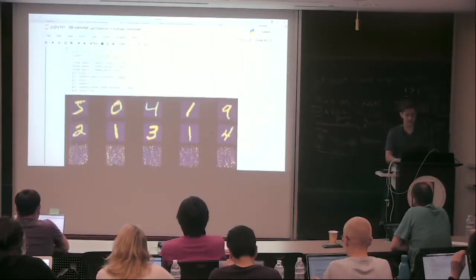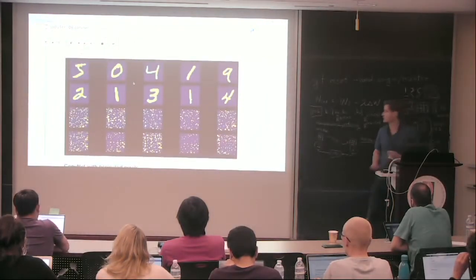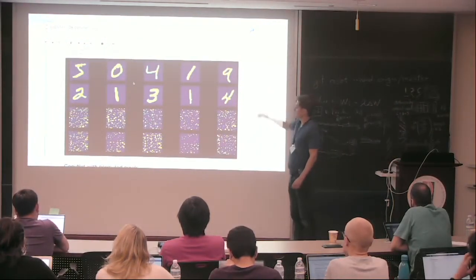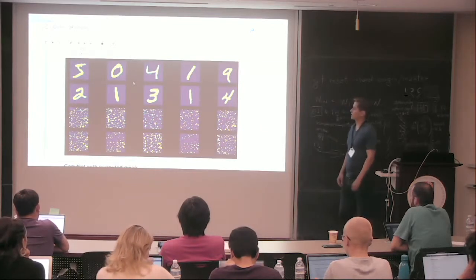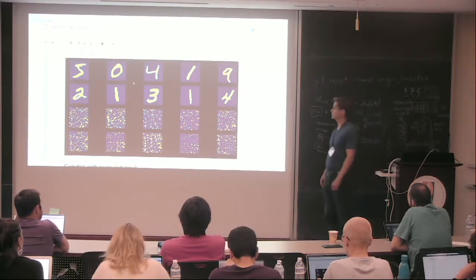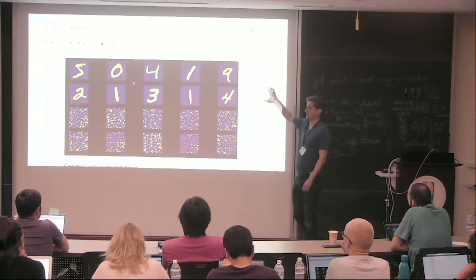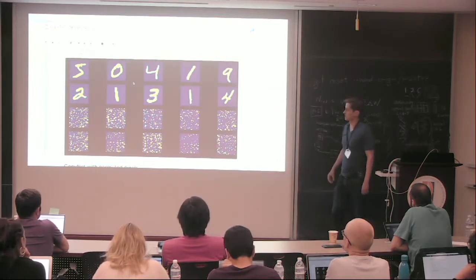The data that we used in the previous task looked like this. The top rows are the handwritten digits; those are actually grayscale images, but we plotted them in color.